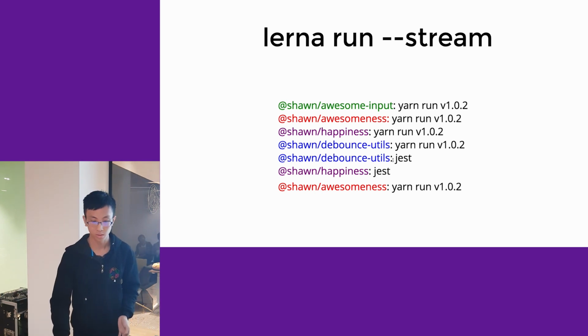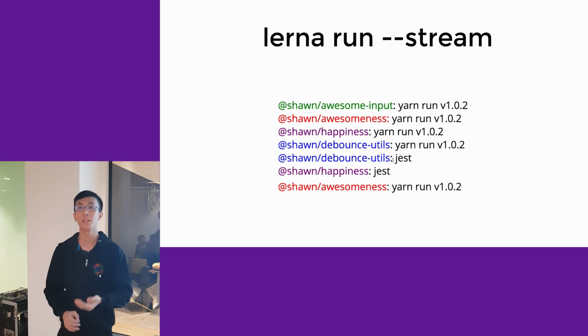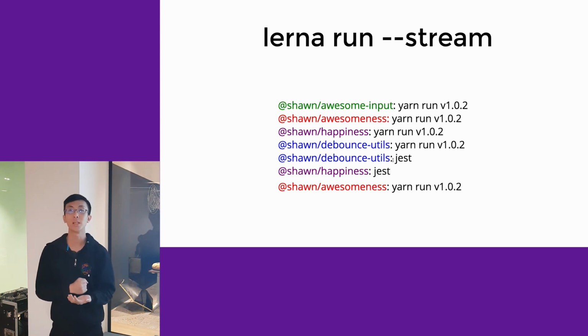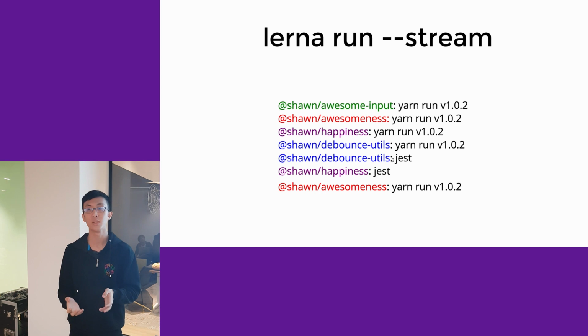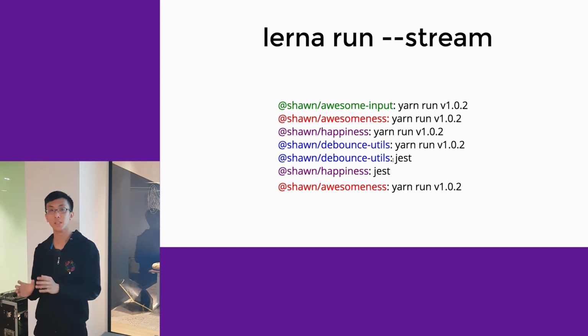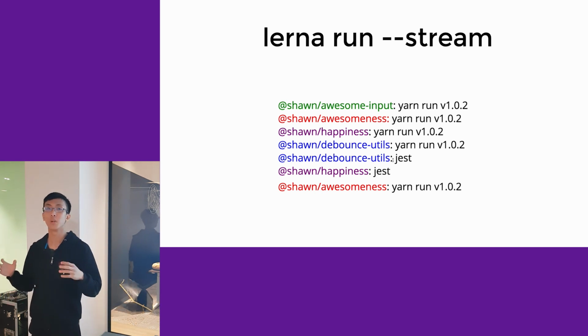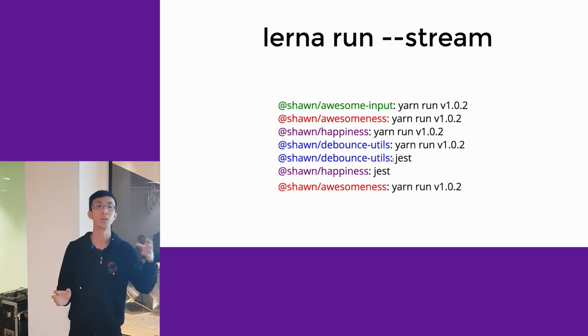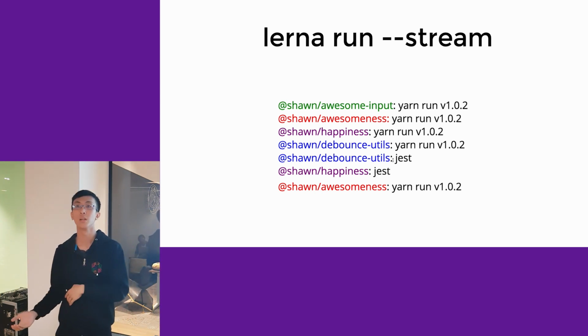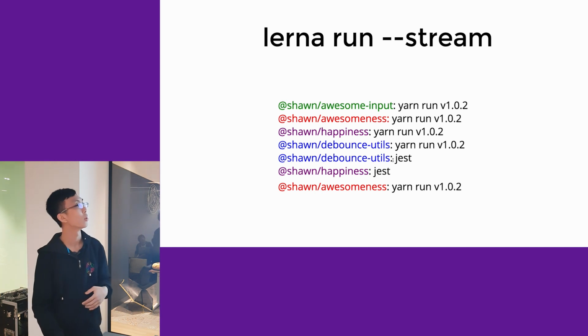One thing I forgot to mention is that lerna run and exec will execute in topological order, which means that it will run in the packages with no dependency first, and then slowly work up to packages that depend on those packages. So they will run in order. For example, you can do a lerna run build.